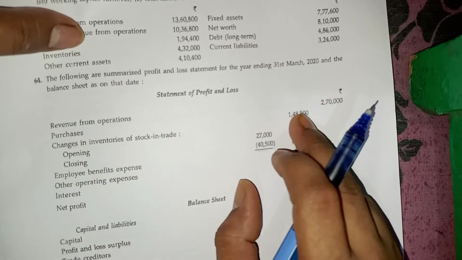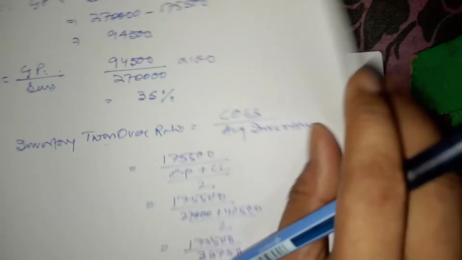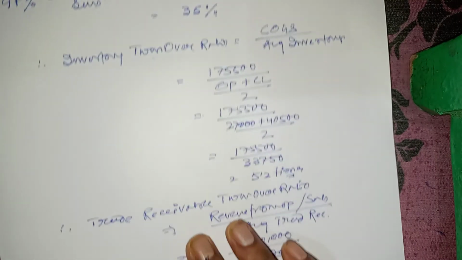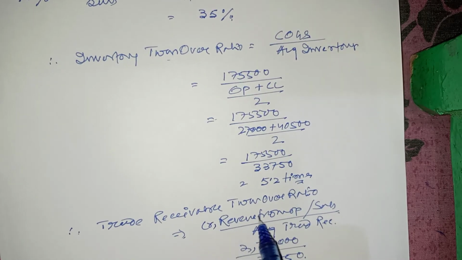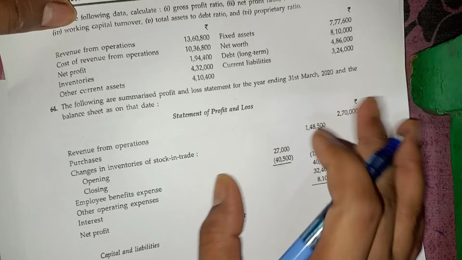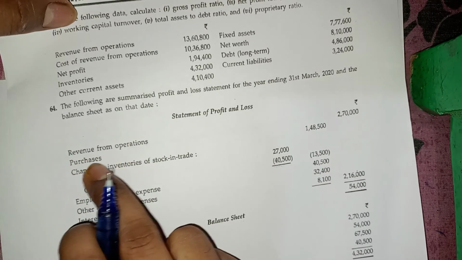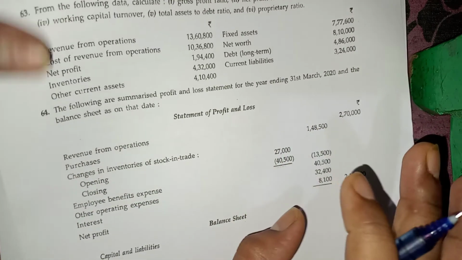Now here we know the purchase; nothing is mentioned, which means it is totally credit purchase. In the trade receivable turnover ratio also, it is credit revenue from operations or credit sales, but nothing is mentioned, so the entire sales will be taken as credit sales. Here also, the entire purchase is taken as credit purchase.